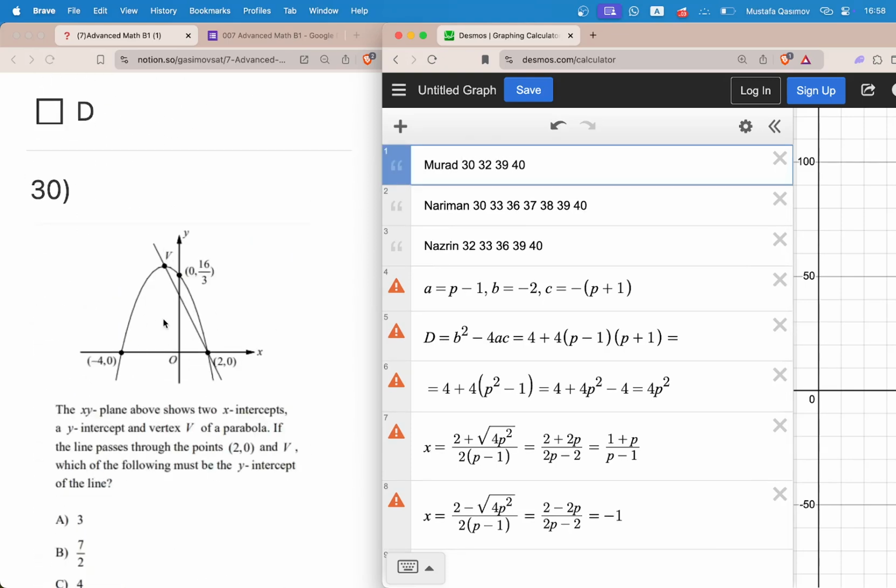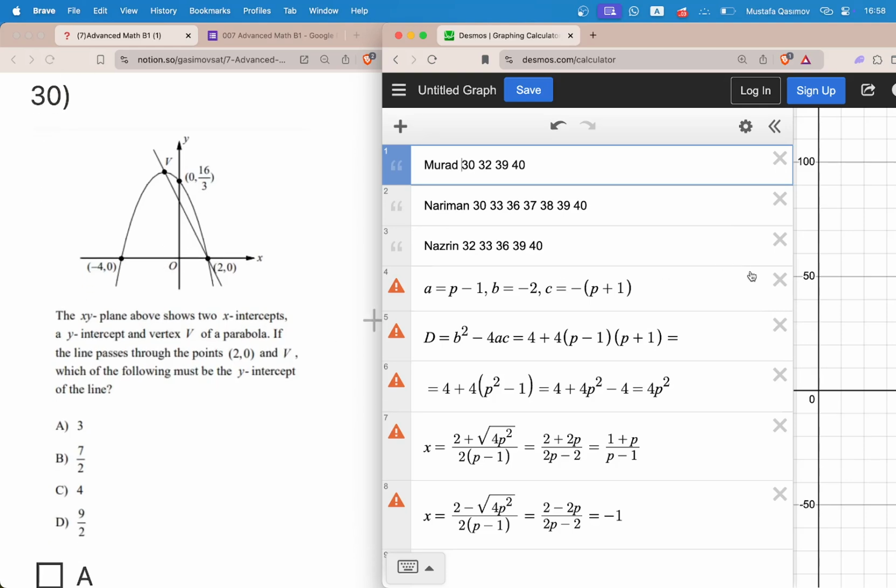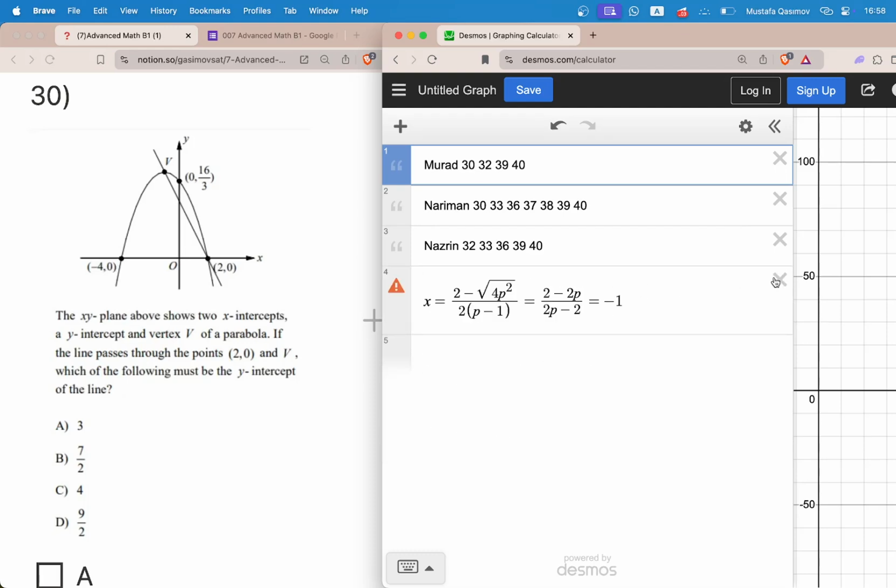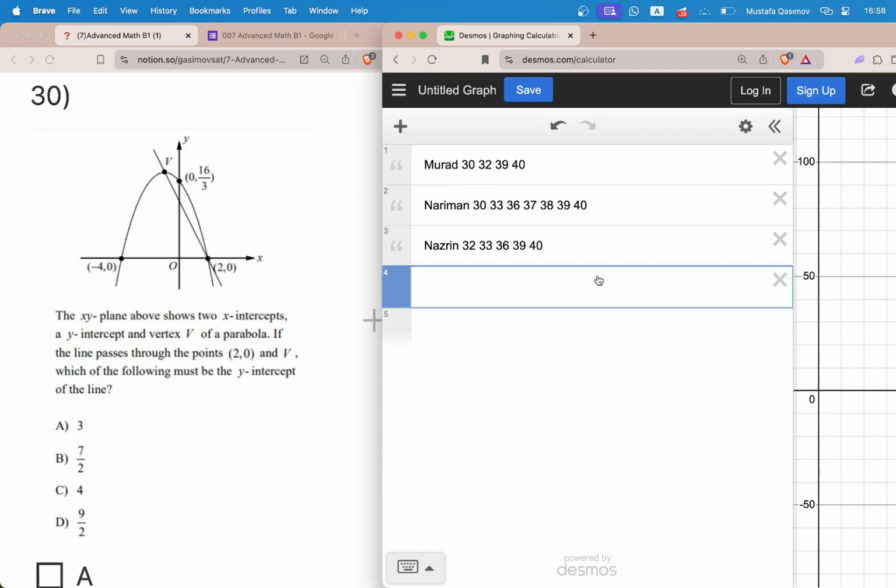30. It is harder compared to previous questions. It is related to the vertex. For finding the slope of this line, we have to know 2 points. One of them is 2, 0, and the other is the vertex. We have to find this vertex point. Because the x-intercepts of this parabola are given, we can write y is equal to a, x plus 4, x minus 2.